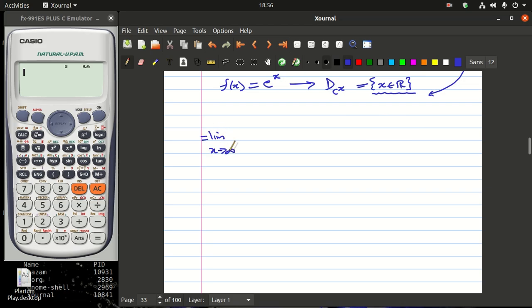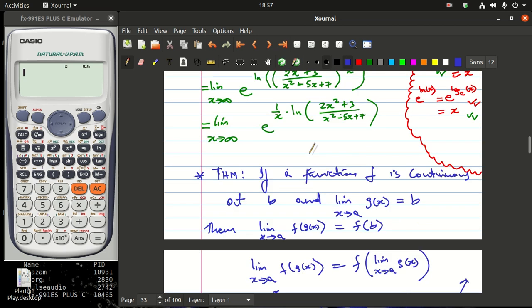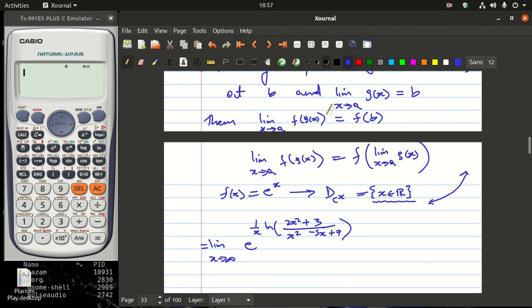So here, let me rewrite what is up there. The limit as x approaches infinity of e raised to 1 over x times the ln of 2x squared plus 3 all over x squared minus 5x plus 7. So we had something of this nature here.